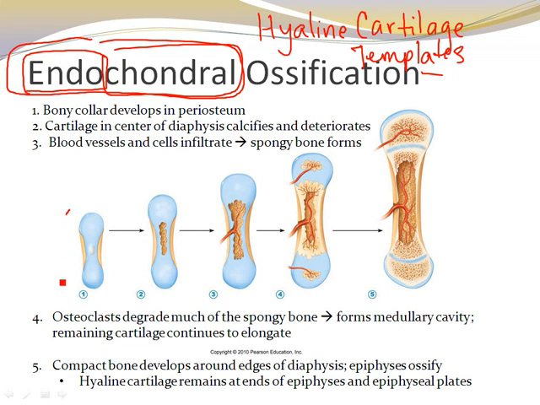All right, so here we've got a little tiny long bone in a fetus, and notice that there's a little bony collar that develops in the periosteum, the connective tissue covering around that bone. So you have some osteoblasts that develop in that tissue, and they make a little bit of bone matrix there. And then notice here in the center, some of the cartilage begins to die.